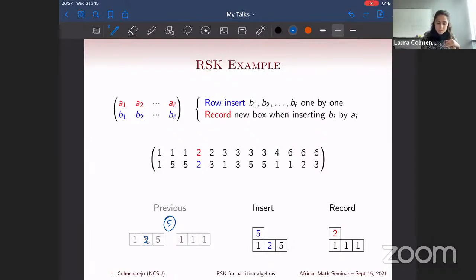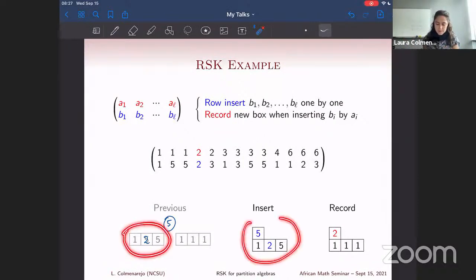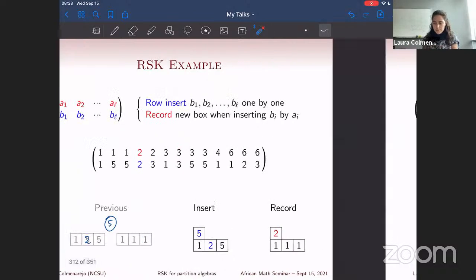Because the second row is empty, I'm just going to put it here. So what this has done is put the 2 in the first row, where it should be, and bump the box that is there. Now, if I look at this diagram and this diagram, the new box is this one. So even if I put the 2 here, the new box is here. So I record this 2 in that box. And I'm just going to keep doing that.